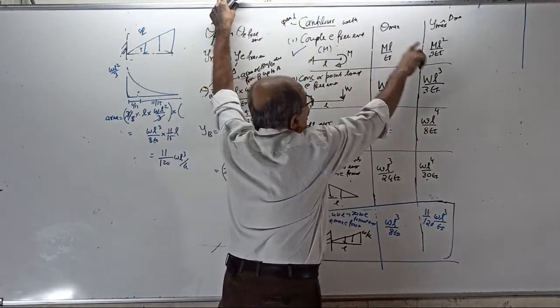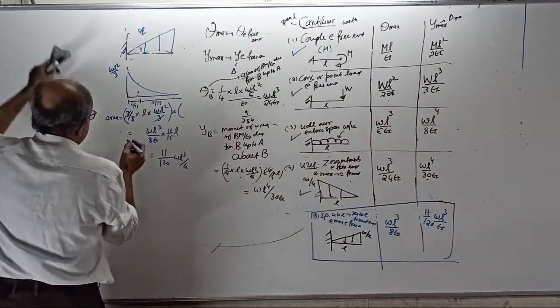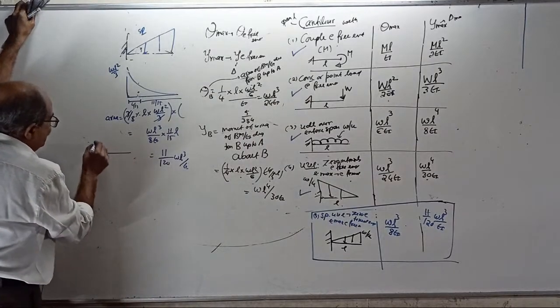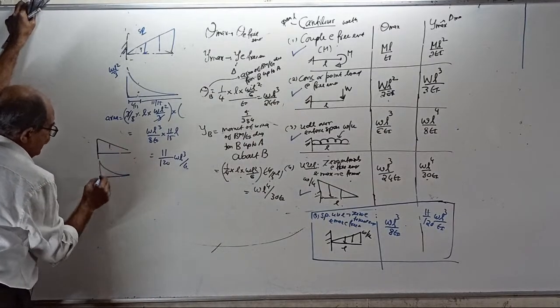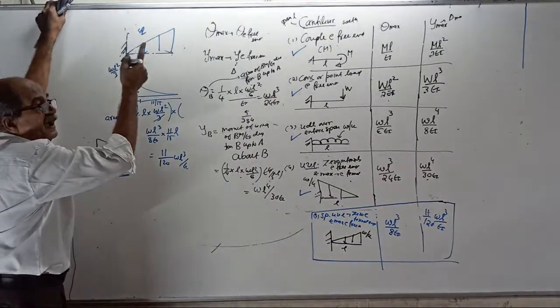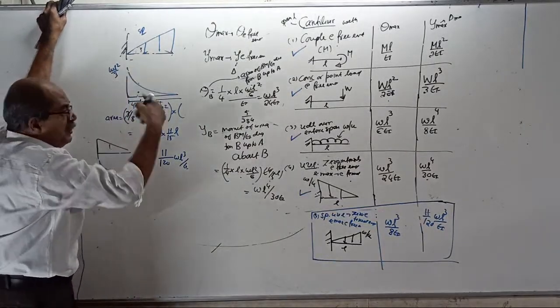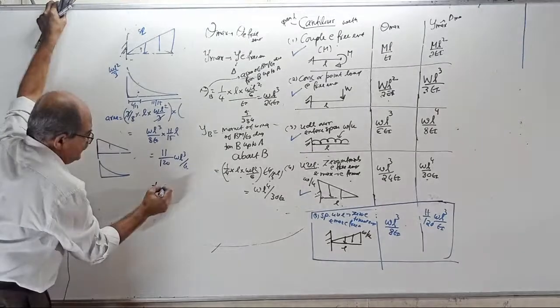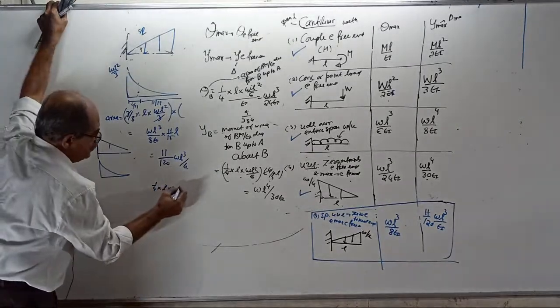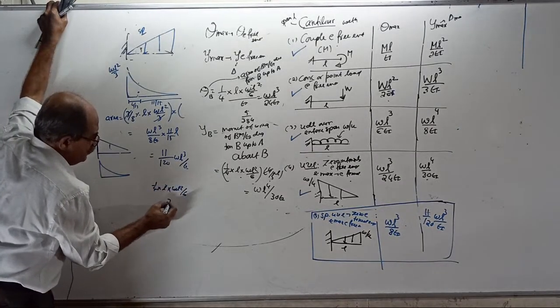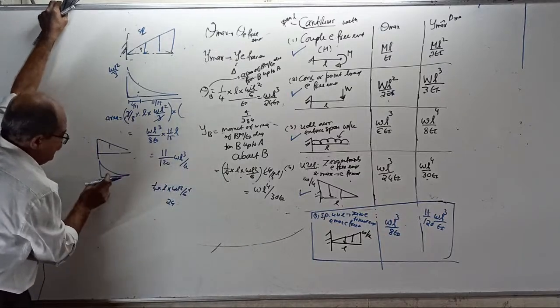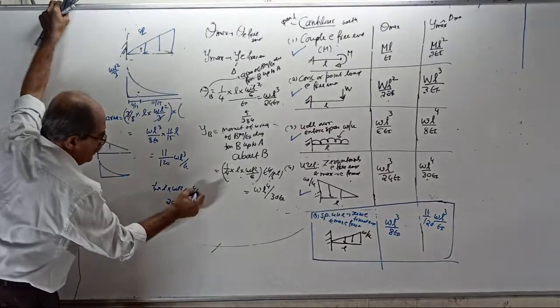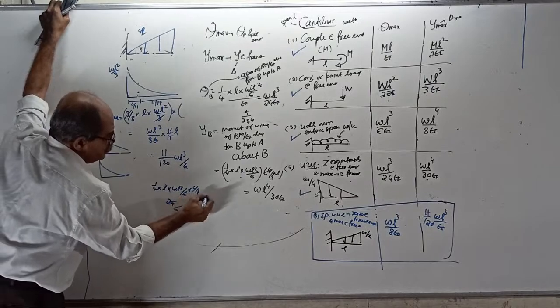Do you have to go all round, or take a rough sheet, draw the triangle, draw the BMD area: triangle 1 by 2, parabola 1 by 3, 1 by 4, into base L, height WL square by 6 or 24. For deflection, 1 by 5 into 4 by 5, 4 by 5 into 1 by 30.